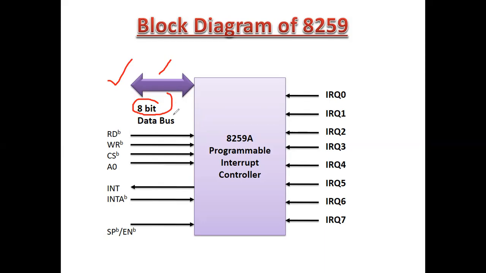Now again, there are read and write signals, and these two signals are active low signals, meaning these signals are activated when the input at this pin is 0.